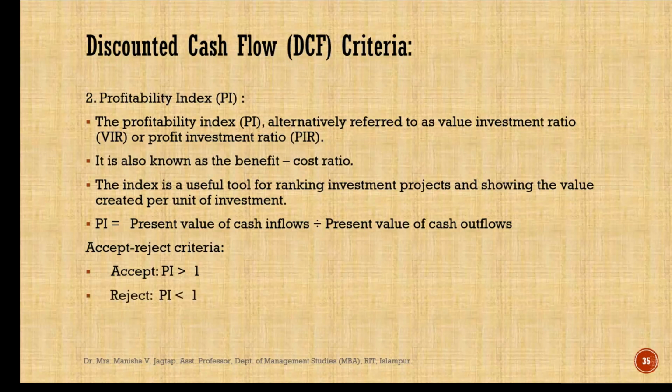One can suggest the company to reject a particular proposal when PI is less than 1, which indicates that the deficit of the outflows is greater than the discounted inflows and the project should not be accepted.